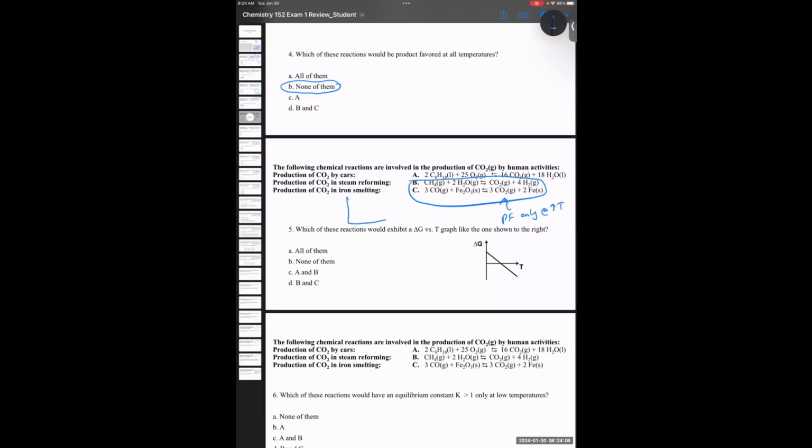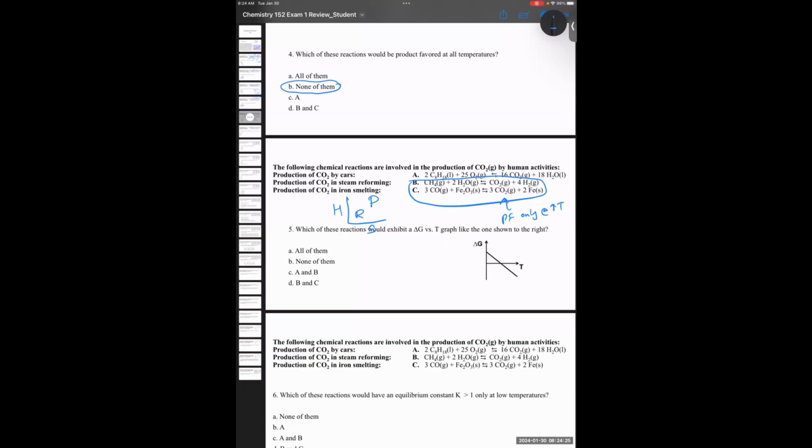Why? Because they had a PEG diagram that looked like this. Meaning at high temperatures, delta G is negative. Remember that you have this clearly in your notes as well: if it is product favored, then delta G is negative.